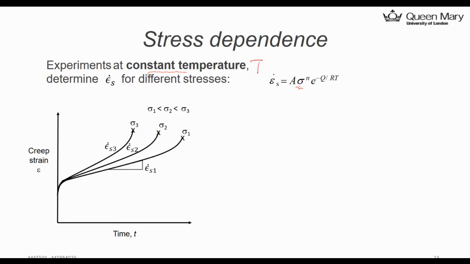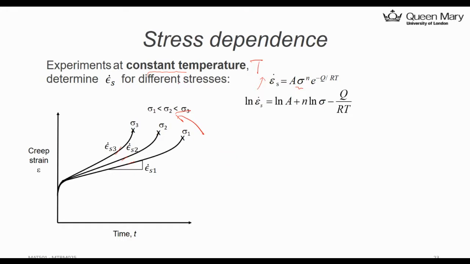So a small increase in stress will increase your strain rate very quickly. That's why you see the curve here, strain against time, go that way. The slope here is increasing, representing the creep strain rate.